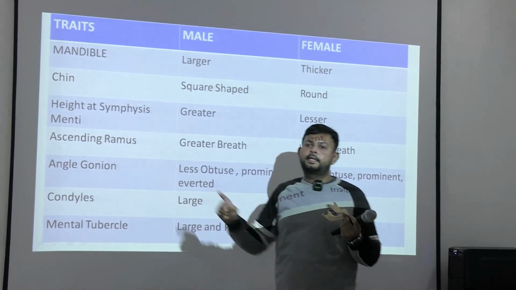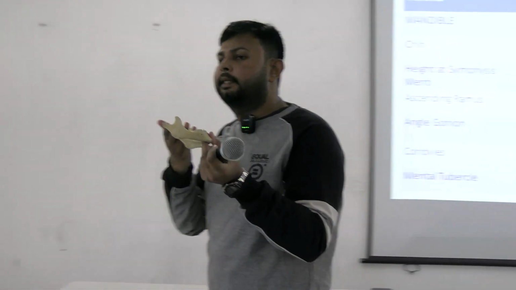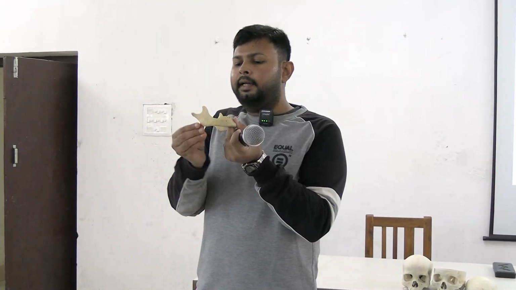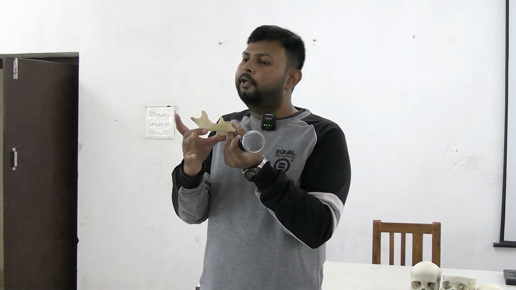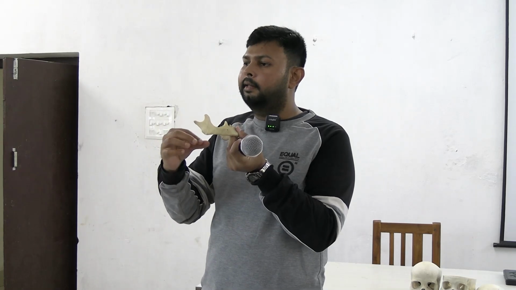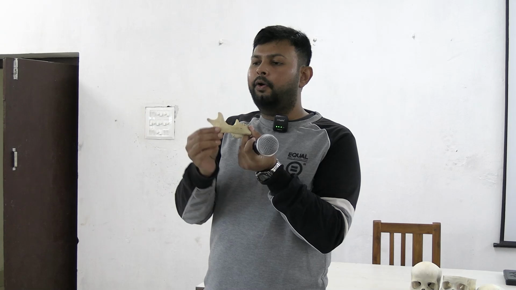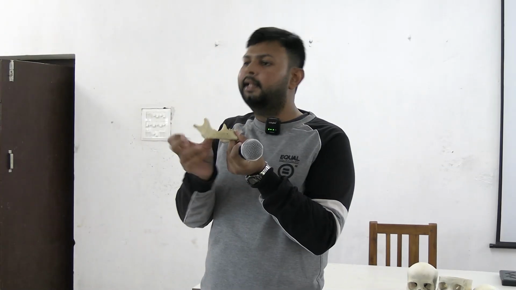Okay, this thing is everted, বাইরে দিকে বেরিয়ে থাকে males এর, and it could be straightened or mildly inverted also, মানে ভেতর দিকে যদি থাকে কিংবা নর্মাল থাকে তাহলে it will be female, আর যদি বাইরে দিকে থাকে more everted then it is male. বোঝা গেল, এক তো অ্যাঙ্গেল, and then this angle gonion is more everted in males, আর নর্মালি যদি থাকে কিংবা ইনভার্টেড থাকে then it is females. Okay, clear?